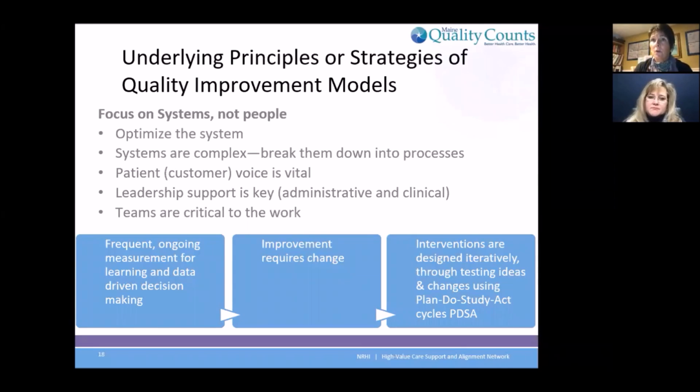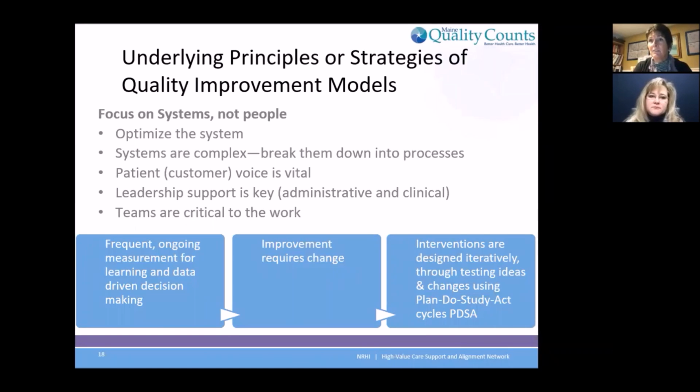And because systems are so complex, we break them down into processes. And that's why you hear process improvement. Because the harder you push on this big old system, the harder it pushes back. So we break them into processes. The patient voice, the customer of our processes, is vital, making sure that absolutely we can improve processes for ourselves, the healthcare provider, but we don't want to do that and suboptimize certainly the patient experience.